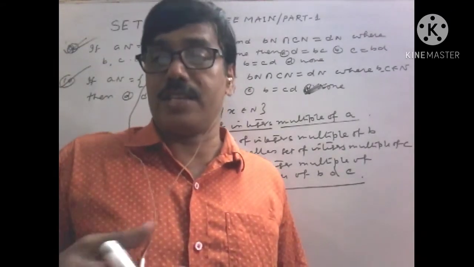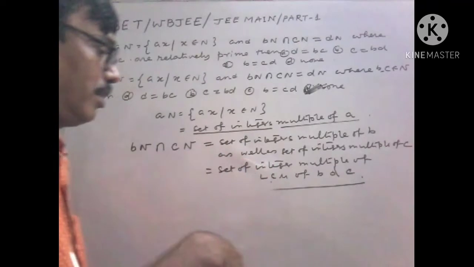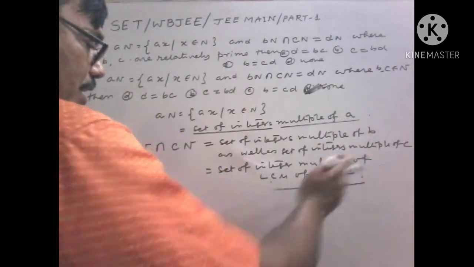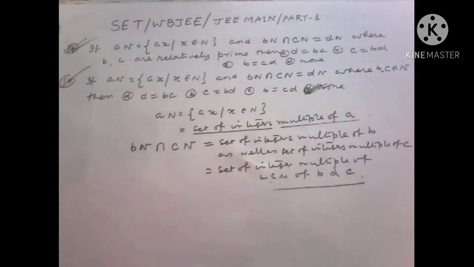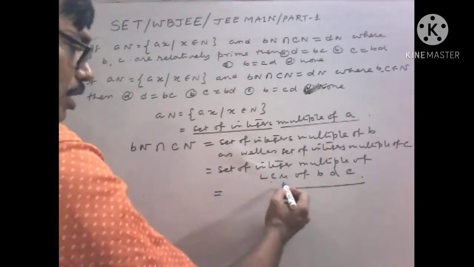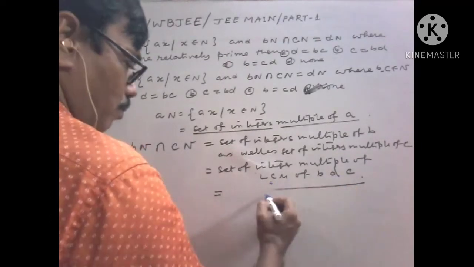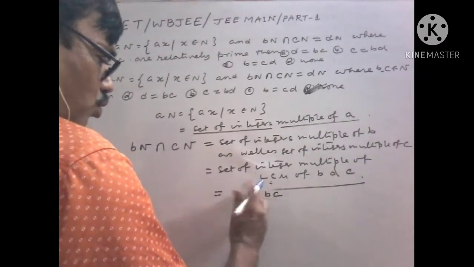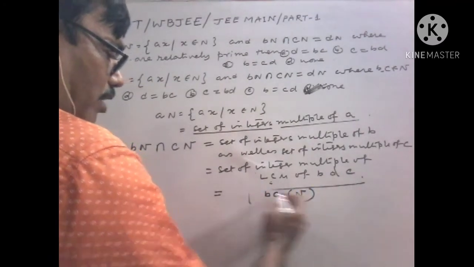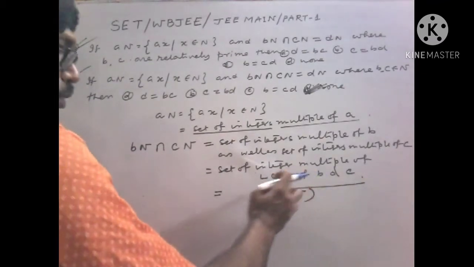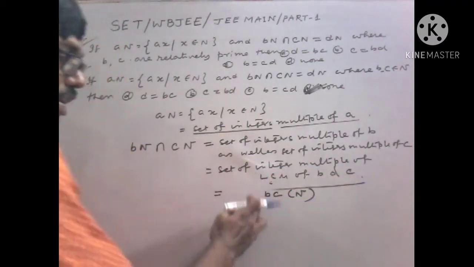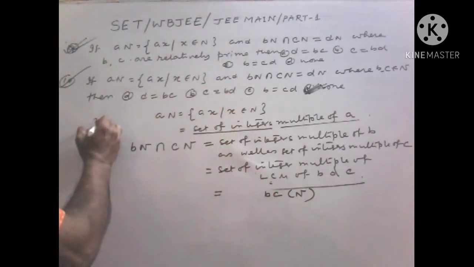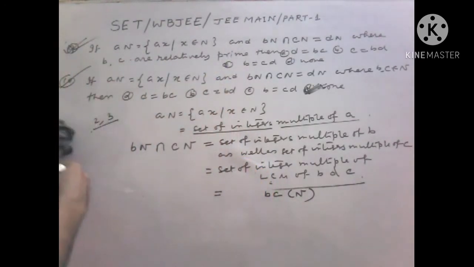So if b and c are relatively prime, then the LCM of b and c is bc. So we can write multiples of bc, that is bc into n. The only last step is that the LCM of b and c is bc if they are prime to each other. 2 and 3 are prime to each other, so the LCM is 6.